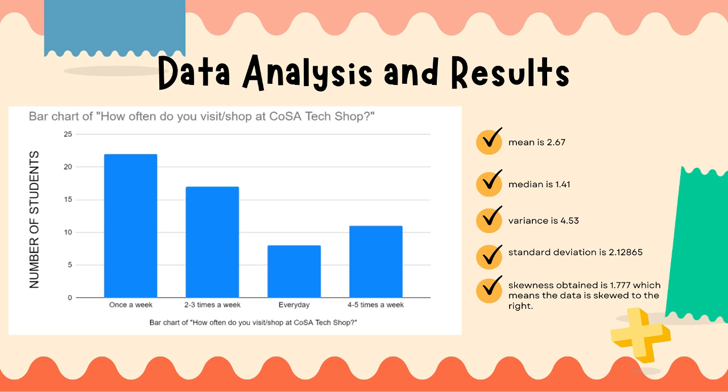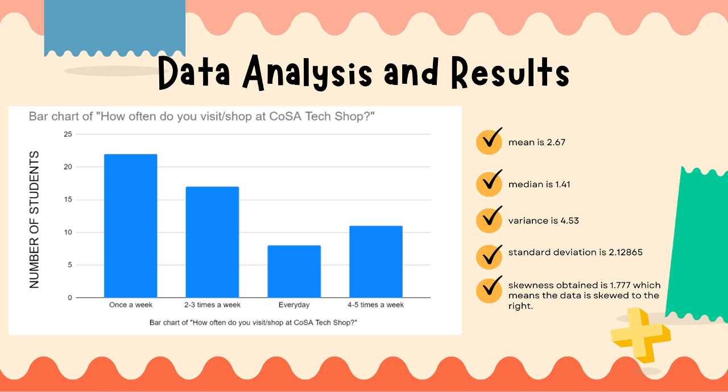From this data, we can conclude the following statistical measures. The mean number of visits is 2.67, corresponding to the 2 to 3 times per week category. The median is 1.41. The variance is 4.53, indicating some variability in the number of visits.